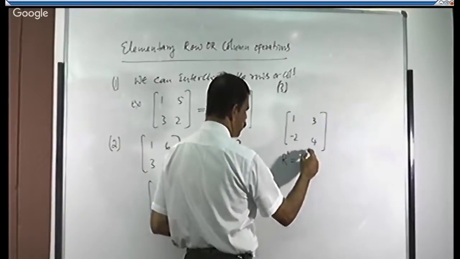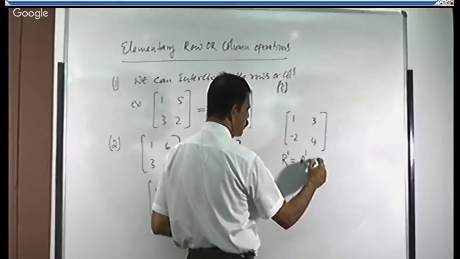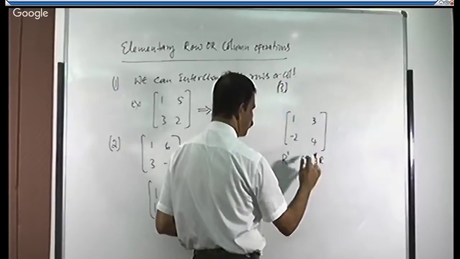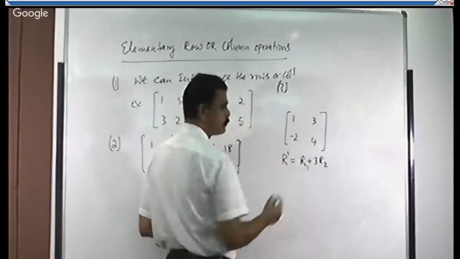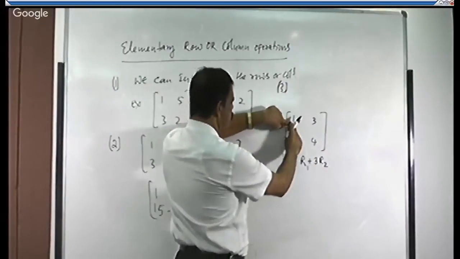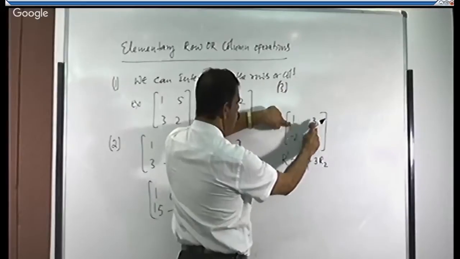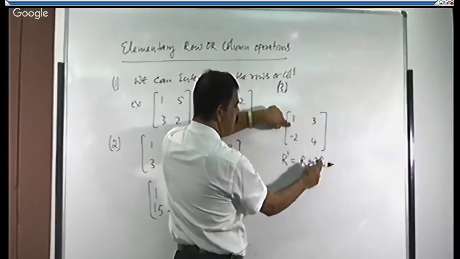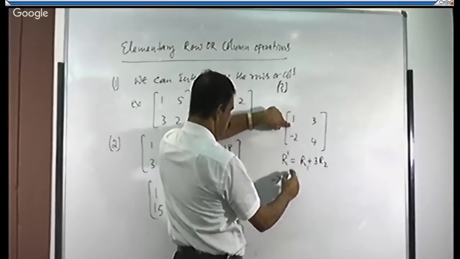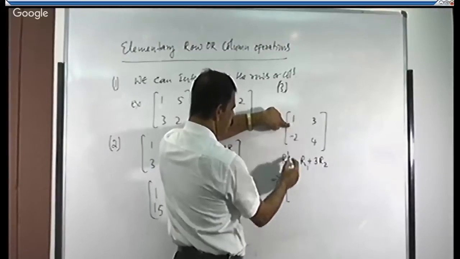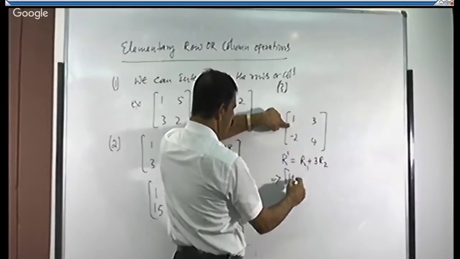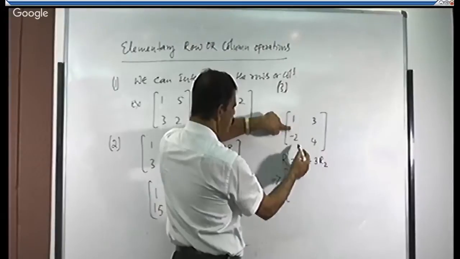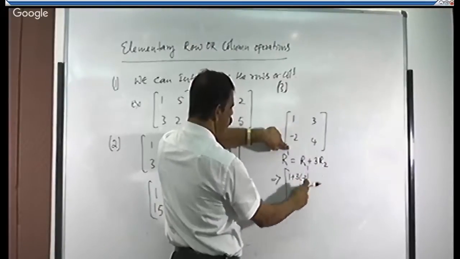I am adding for first row with a constant multiple, any number, R1 plus 3 times of R2. The first row is what? 1, 3. I am adding for these two elements 3 times of corresponding elements of the second row. That means the new matrix becomes, I am changing first row. R1 is 1 plus 3 times of, for 1, the corresponding element of the other row, minus 2.